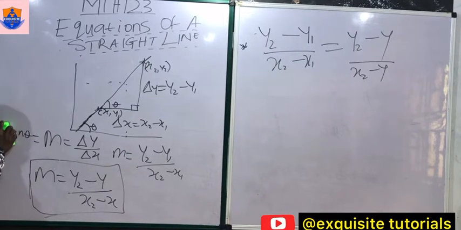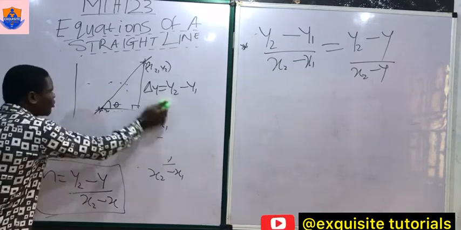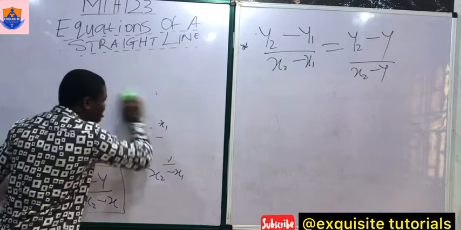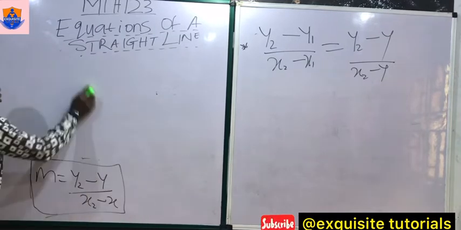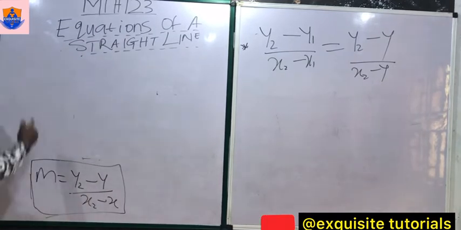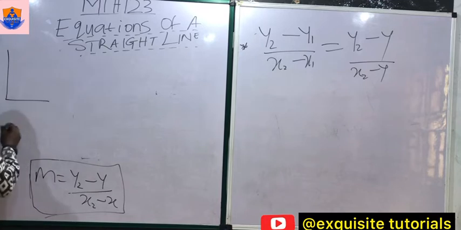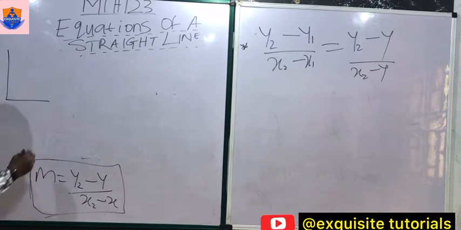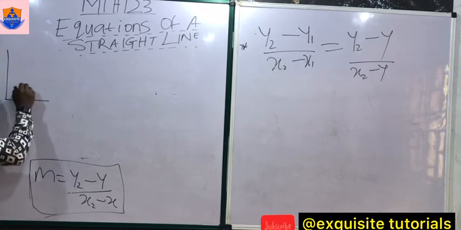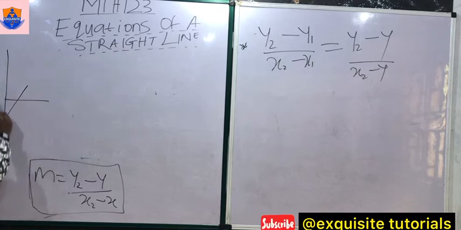Now let's talk about the third form. In doing so, we'll talk about intercept. Now the intercept is the point where the line touches the x or the y axis. That's what we call the intercept.